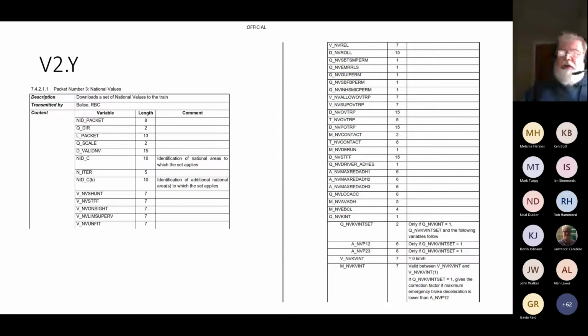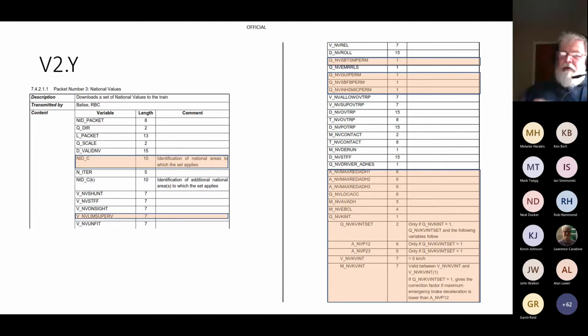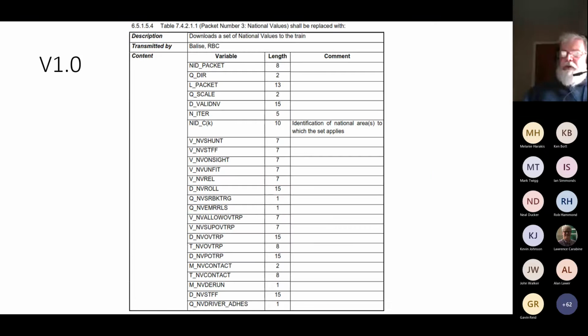And in baseline 3, so version 2.y, packet 3, which contains the national values, has a long list, and you can see it fills up 2 columns of the screen. All of these things will affect the behavior of a baseline 3 onboard. However, some of them are only applicable to a baseline 3 onboard. So the ones I've highlighted don't affect a baseline 2 onboard. And in fact, the baseline 2 version of packet 3 is much simpler.